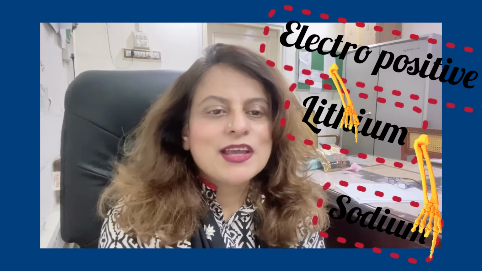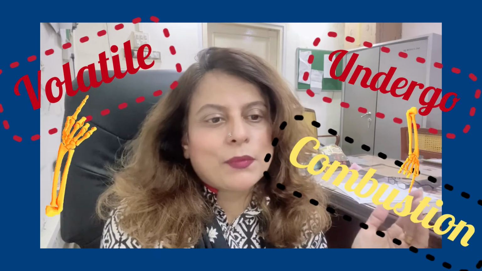Those compounds that have electropositive metals, like for example lithium and sodium, both of which are electropositive, are volatile. They have a high volatility rate and can go through spontaneous combustion. Another very important property is that these volatile compounds can be very toxic for humans and all living things around.